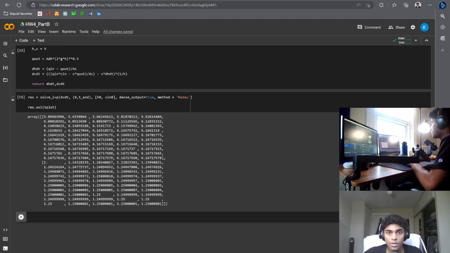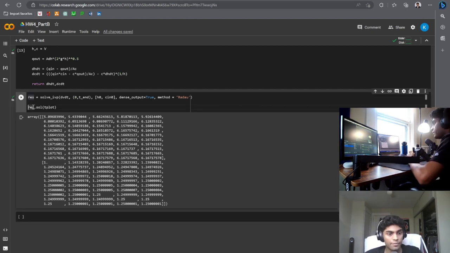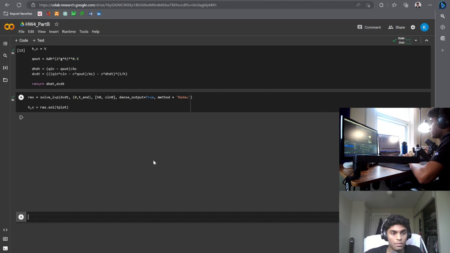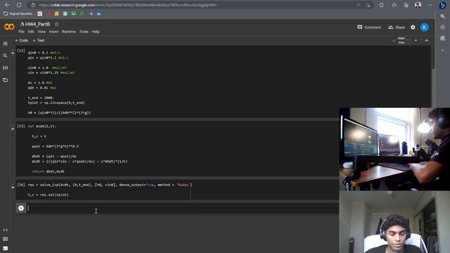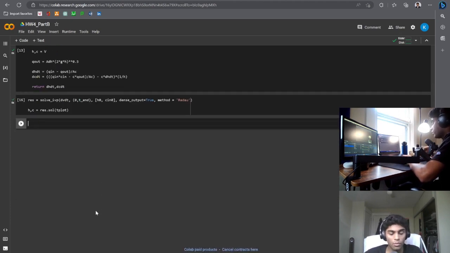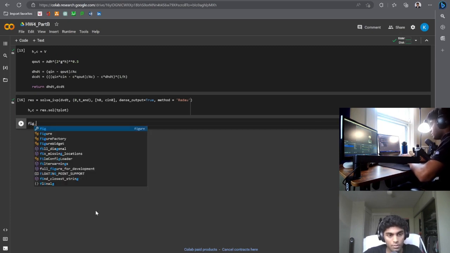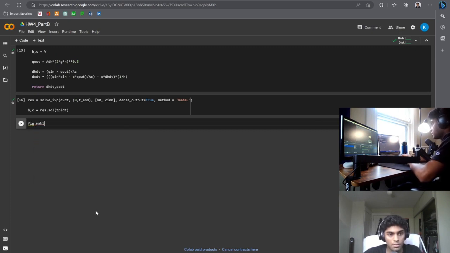So next step, take this into our subplots library. Go ahead, graph this out. First things first, let's get some variables assigned to this. The first one is going to be our h, second one is going to be our c. And now we are going to have our fig equals make subplots.